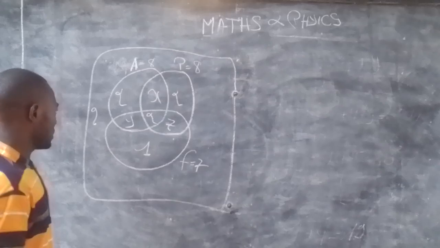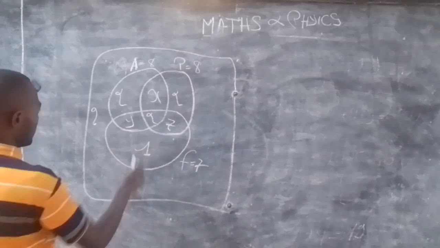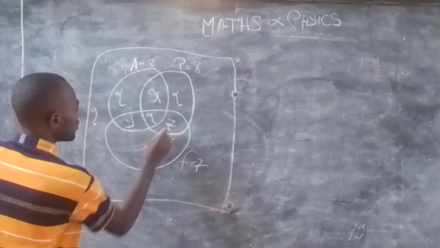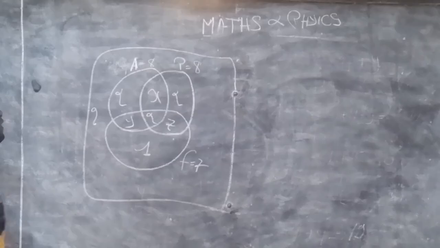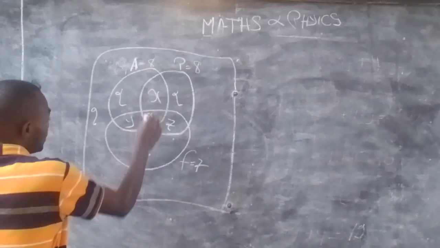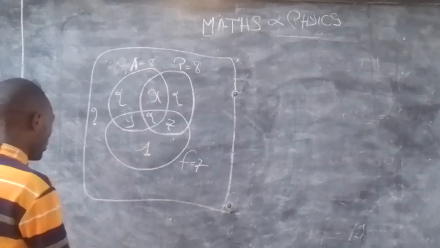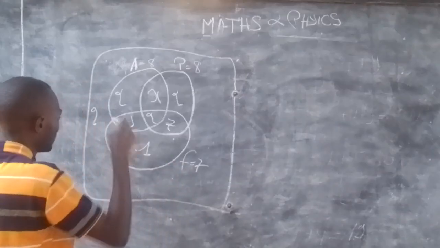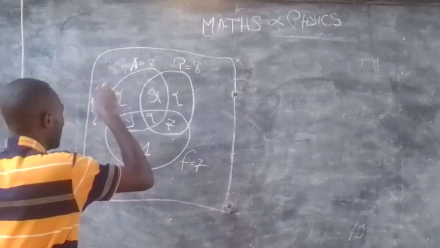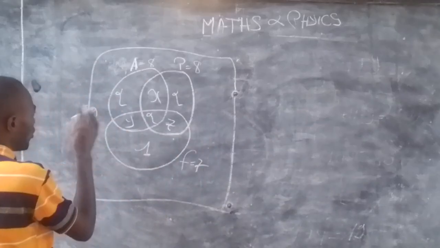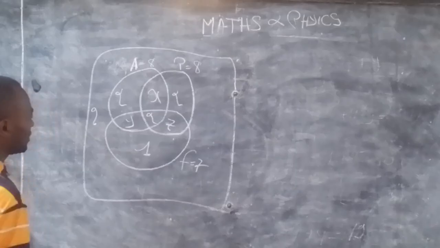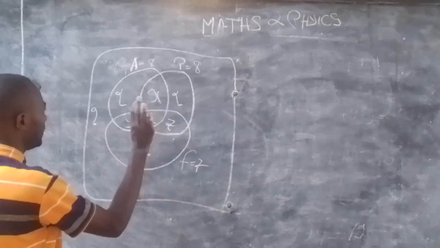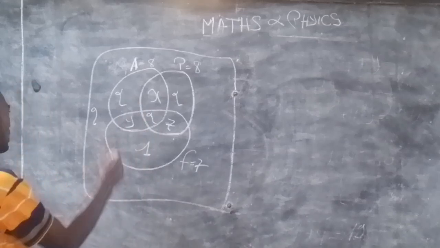So we are asked to determine the value for x, the value for y, and also the value for z. After calculating those values, we are also asked to determine the total members of these boards: finance, production, and academic.